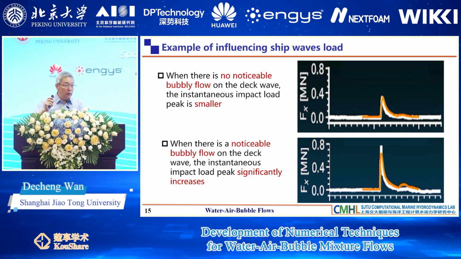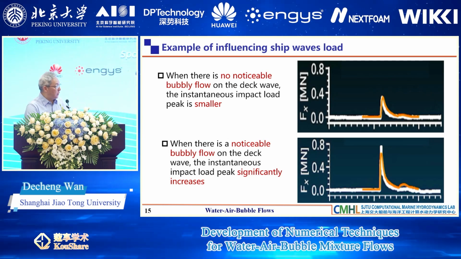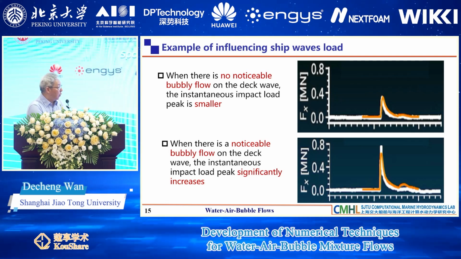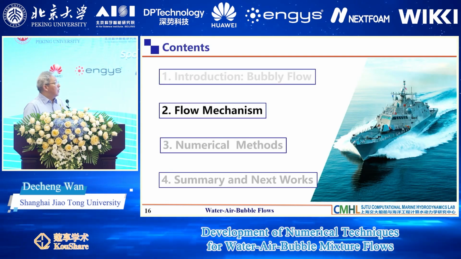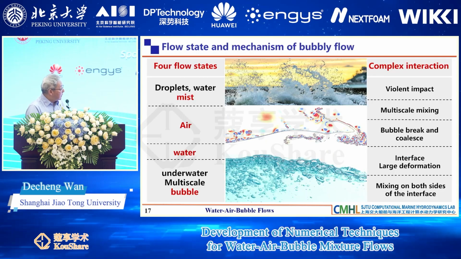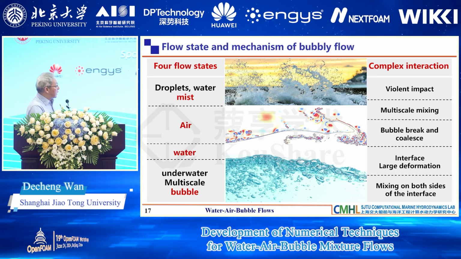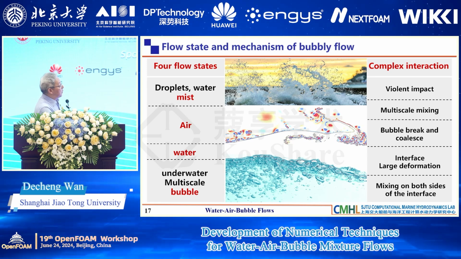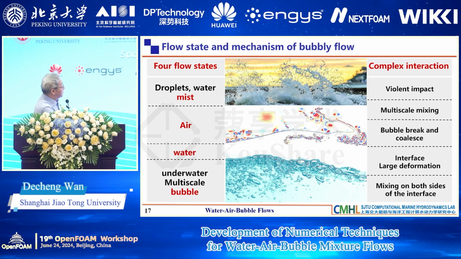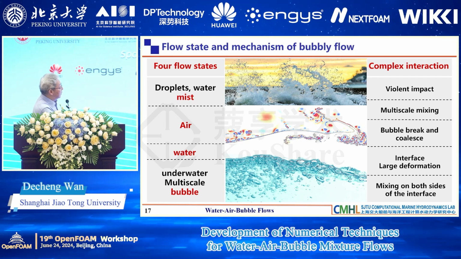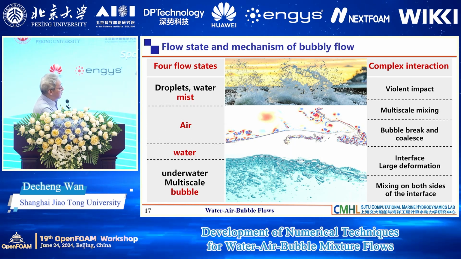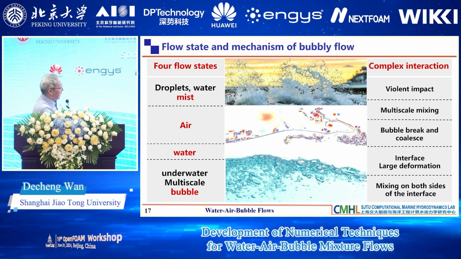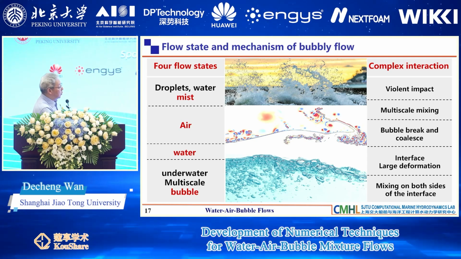We should take into account the effect of the mixture flow. So what's the mechanism behind it? We just take into account this mixture bubble flow. First you can see the phenomenon is the droplets, right? Water mist, and then you can see a lot of air entrained into the water.